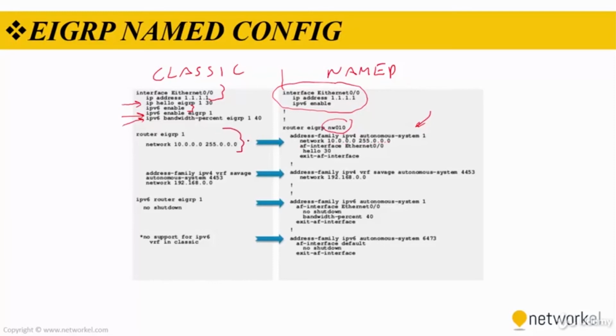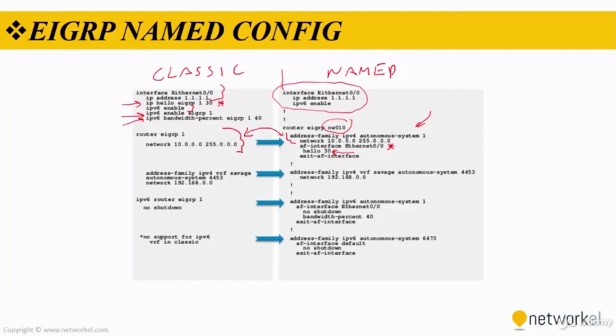This line is the equivalent of this line. Then, if we want to configure the EIGRP hello to 30, like in this line, we need to get into the af-interface mode with the interface name. We just type af-interface Ethernet 0/0, and we type just hello-interval 30 instead of using ip hello-interval eigrp 1 30.